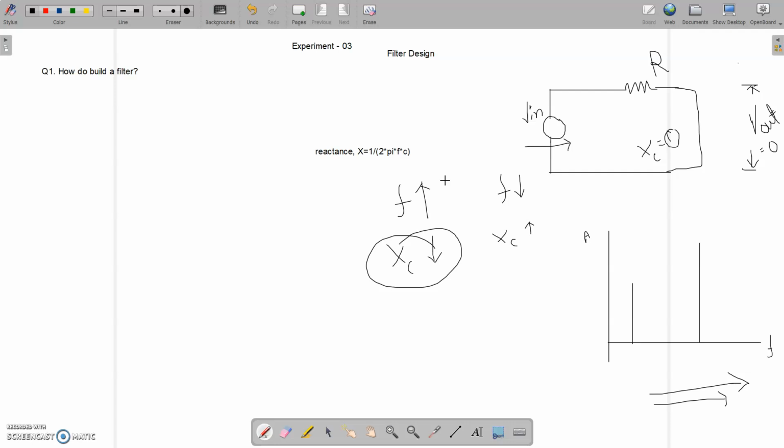In the opposite scenario, when I have low frequency, this is no longer 0. I have a very good output here.